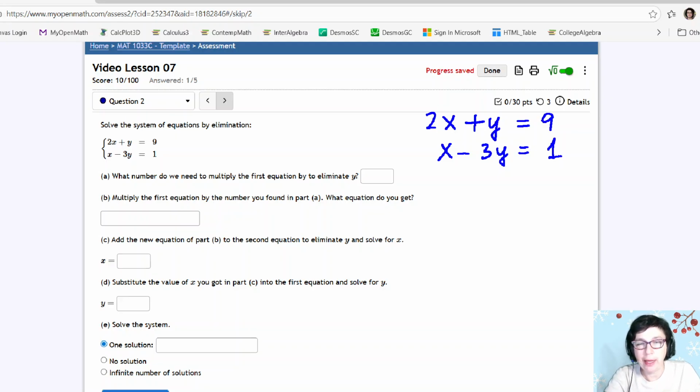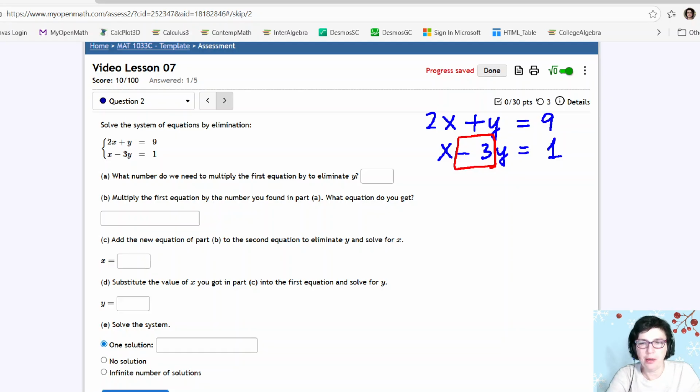Okay, so here's what you do. You're going to locate the number in front of y, and that number is this right here, including the sign. And you're going to ask yourself, is there something that I can multiply the other y, the one in the first equation, by, so that when I add them up, I get 0?